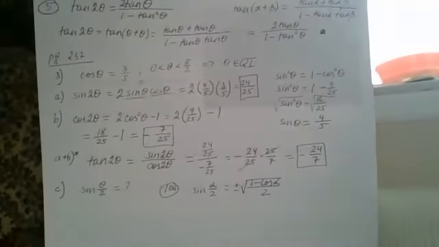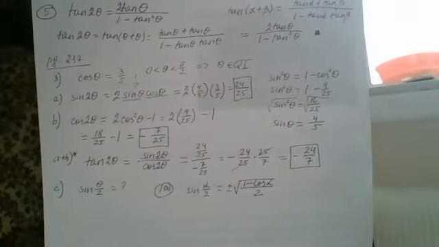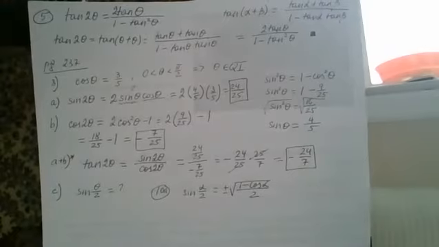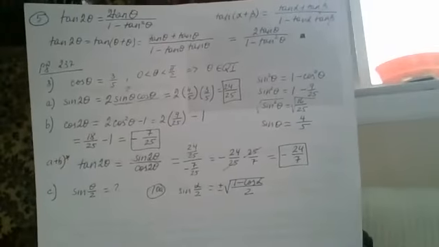I am looking at the proper formula, and the most proper formula is number 10a. Formula 10a states sine alpha over 2 equals plus or minus square root of 1 minus cosine of alpha over 2. I'm just reminding you of that formula which I am going to use. Only in my problem, instead of alpha, I have theta. Not a big deal.